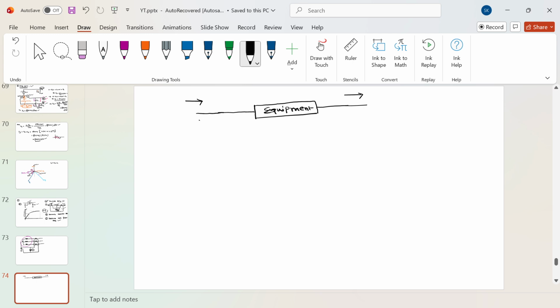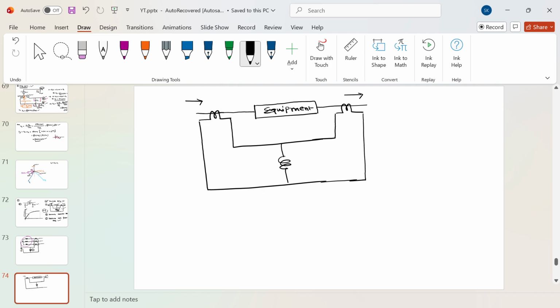So let's say I have a CT on both the sides, and this is my operating coil, which has N number of turns. I am considering a simple differential relay, and the CTs I have are identical, with the same turns ratios and everything, exactly matched.